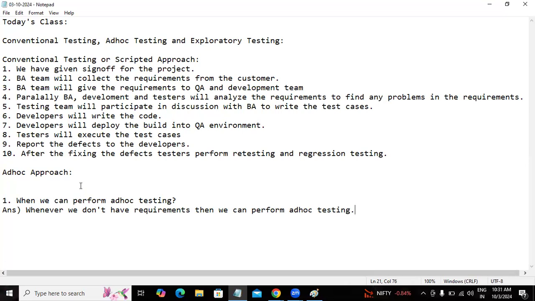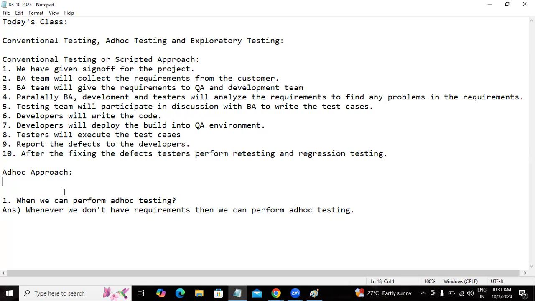See, in ad hoc testing, what we are going to do is like monkey testing. Suppose there is one monkey, and you give that monkey one keyboard. Now how does the monkey press the keys? As it likes, somewhere or the other, it will be pressing randomly.